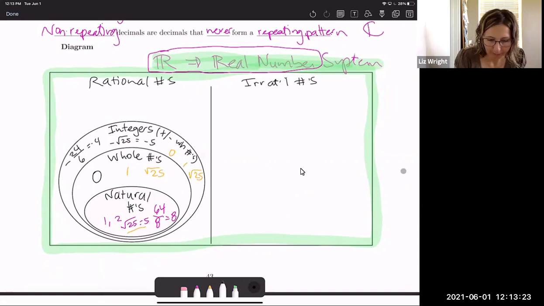So I could write 1/3, which is the same as 0.3333, which is the same as 0.3 repeating. We've also got decimals that terminate, because it could be like 2 1/2, which is the same as 2.5.